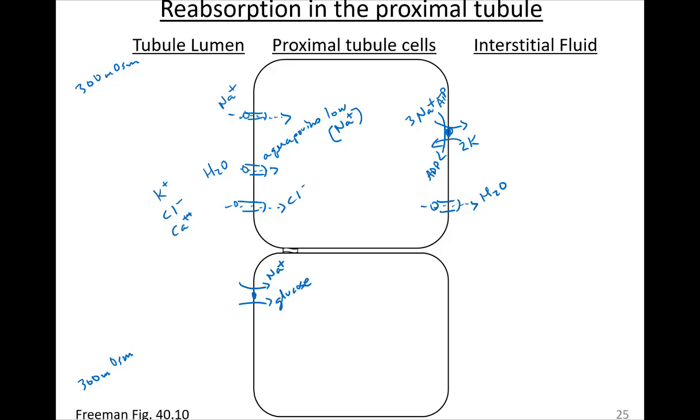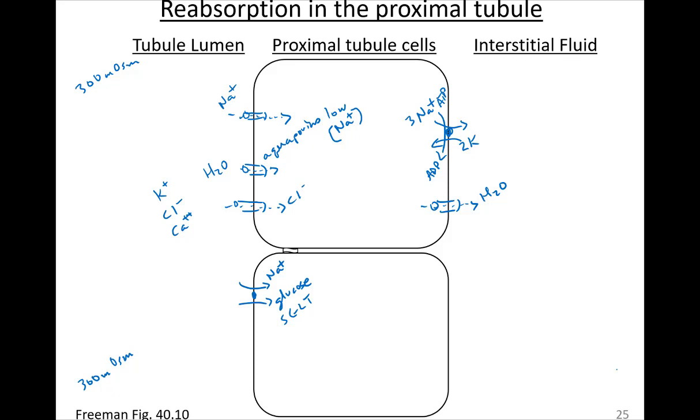And so this is a case of secondary active transport. Glucose is moving up a concentration gradient, but it's being carried along with sodium moving down its concentration gradient. And this is called the sodium-linked glucose transporter, or SGLT. I don't know why it's not SLGT.